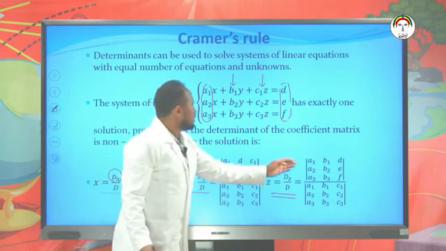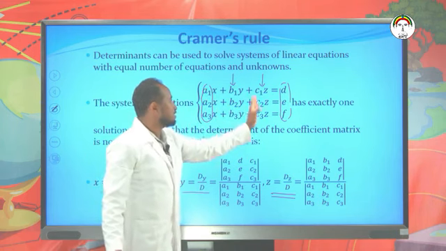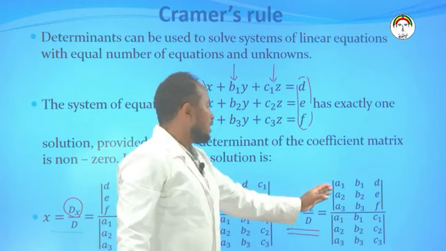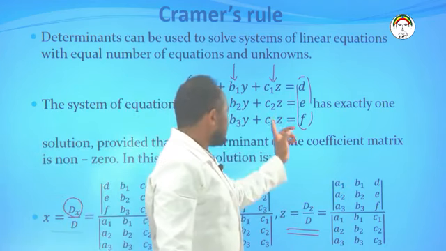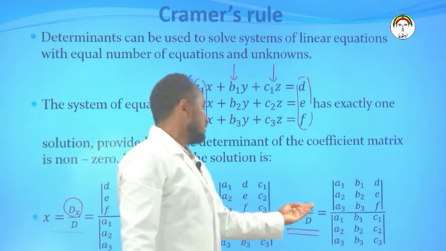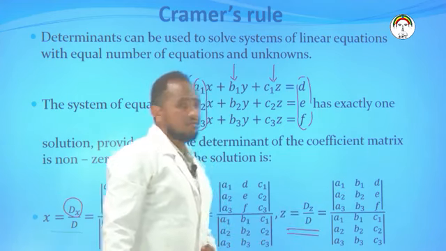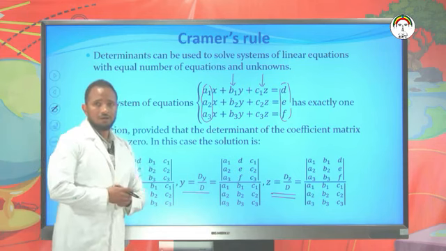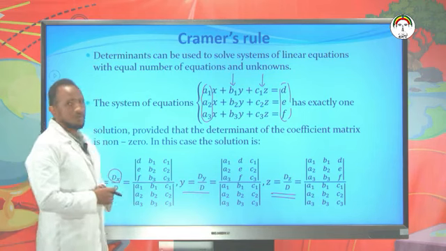Therefore, dz is equal to the determinant of a1, a2, a3, b1, b2, b3, where this part is changed by d, f. Therefore, z is equal to the determinant of the z coefficient matrix over the coefficient matrix, which gives us the value of z. Therefore, this is the formula to evaluate a system of equations using Cramer's rule.